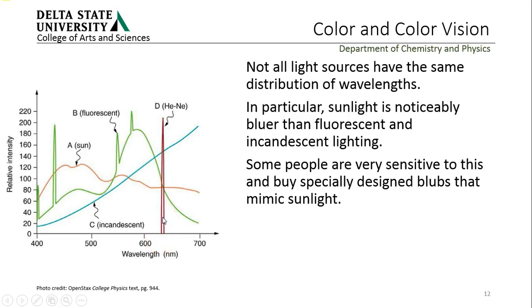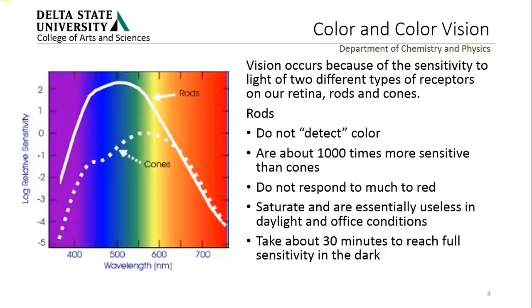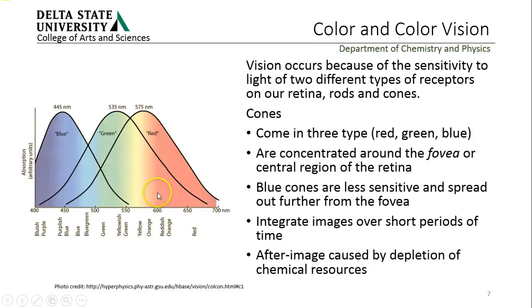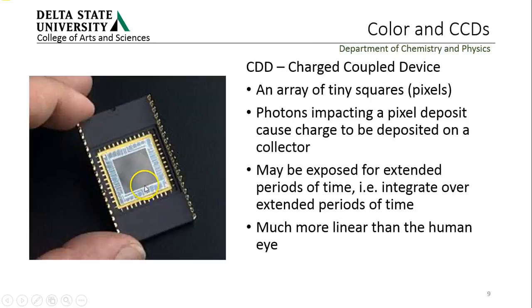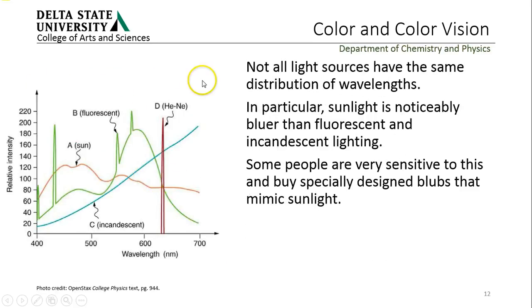And so when you're looking at anything having to do with color, you have to be aware of several things. You have to be aware of your sensitivity to color, and you have to be aware of what colors are being emitted, that is, what your light source is. What's the light source you use to see color?